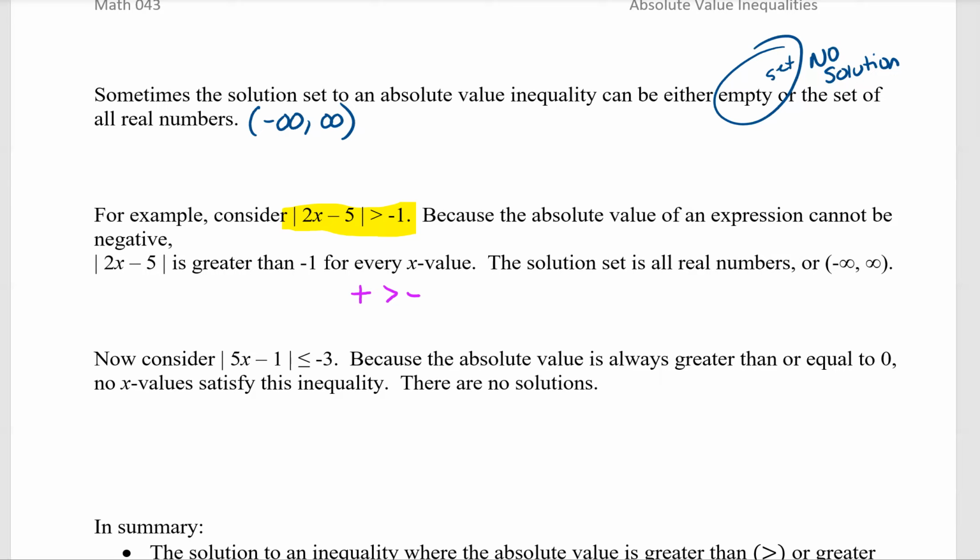That is why it is all real numbers. And if we consider an absolute value as less than or equal to a negative, again, we have a positive is less than or equal to a negative. And a positive is never going to be smaller than a negative. Therefore, we have no solution.